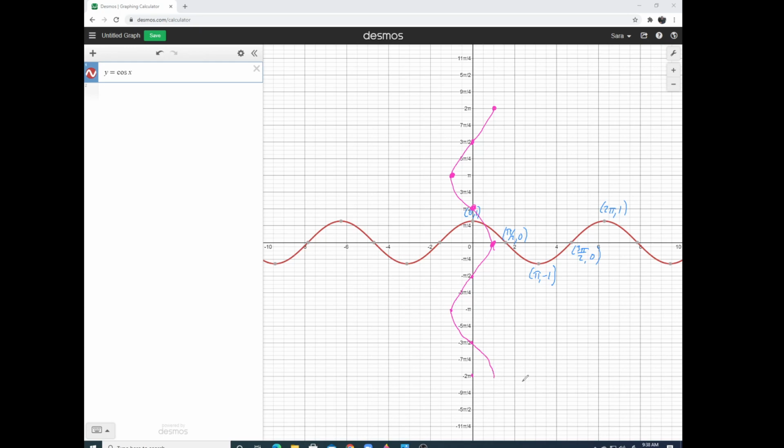Now this function has to be cut as well, but we have an issue if we try to cut it the same way we cut the last function. The last function, your arcsine, had a range, and you don't have to write this down again because you had it on your paper, but its range went from negative pi over 2 to pi over 2, right?